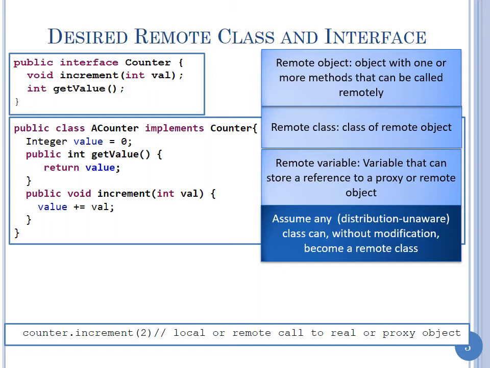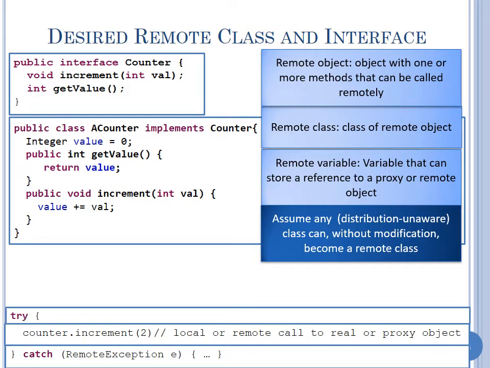And in that counter variable, we should be able to store both proxies to the counter object or the counter object directly. So these are our goals in the context of this example.